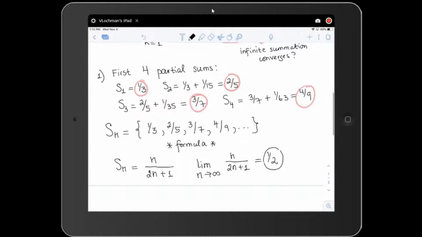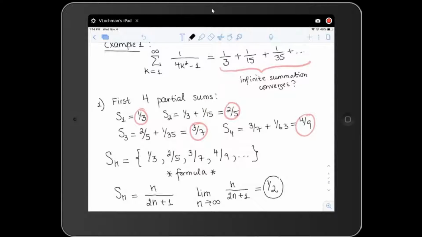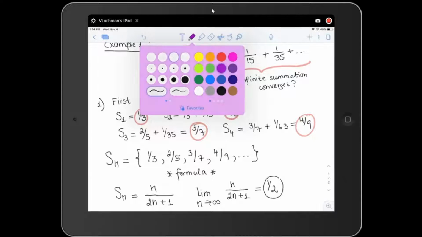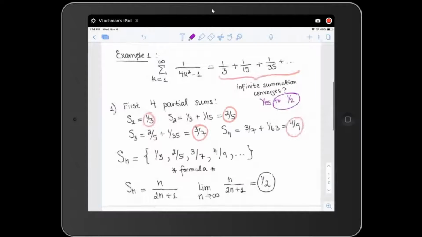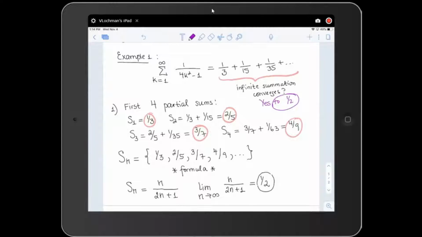Does this infinite summation converge? The answer is yes, to 1/2. Isn't that cool? You sum infinitely many numbers. You need to wrap your head around it: we're summing infinitely many numbers, but we're getting a finite value of 1/2.